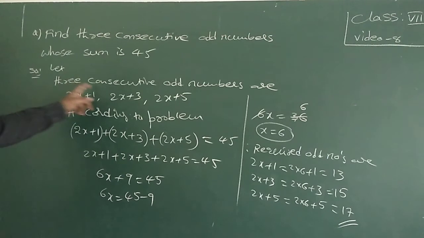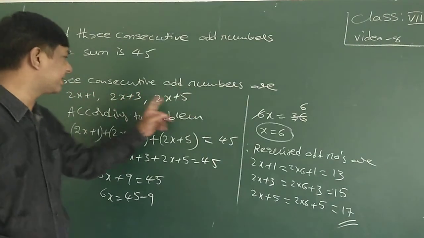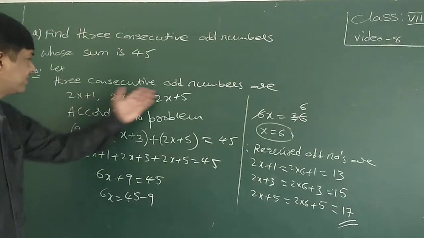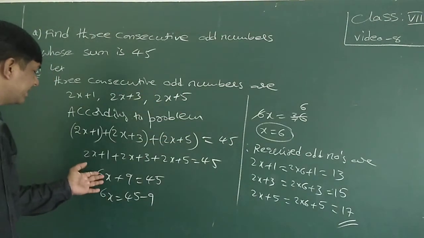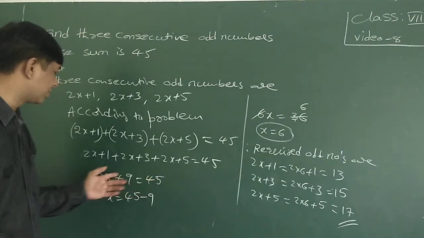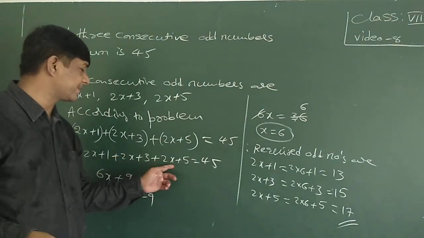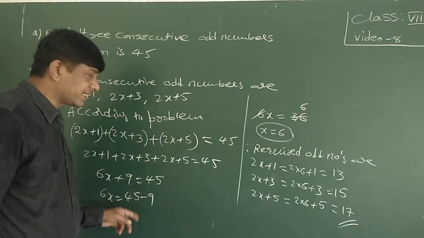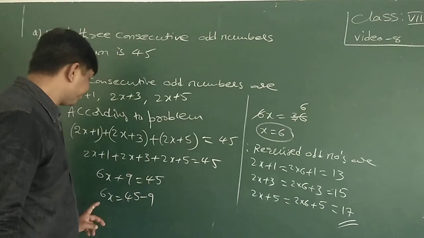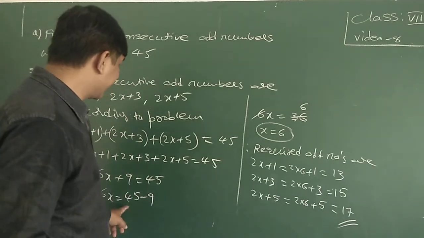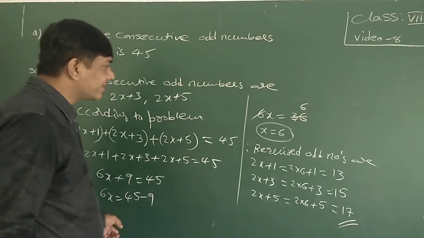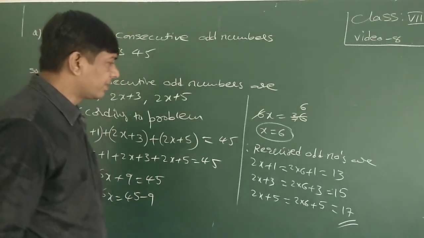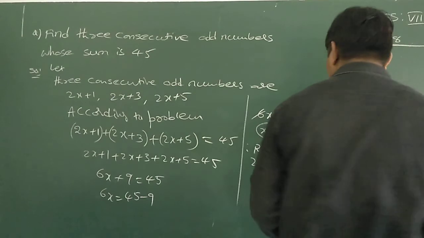Okay, once again, 3 consecutive odd numbers are 2x plus 1, 2x plus 3, 2x plus 5. Now according to the problem, the sum of these 3 numbers is 45. I added them: 2x plus 1, 2x plus 3, 2x plus 5 is equal to 45. 6x plus 9 is equal to 45. 6x is equal to 45 minus 9. 6x is equal to 36. x is equal to 36 by 6, which is 6.